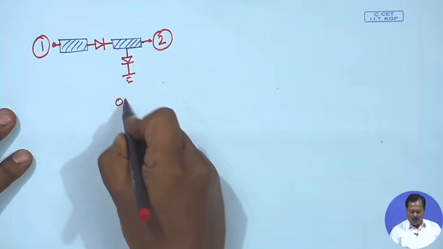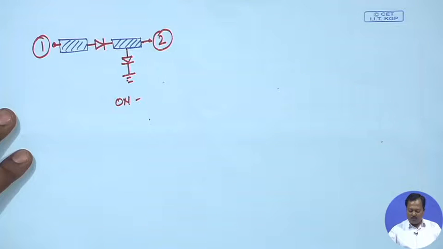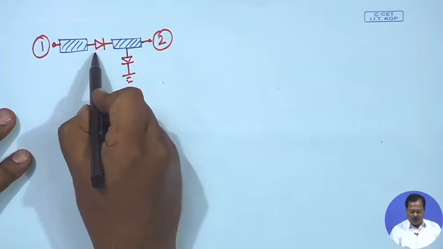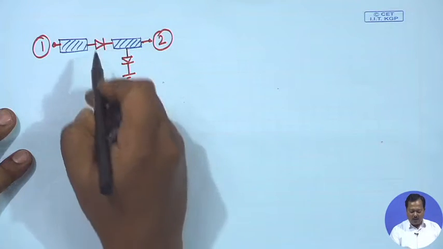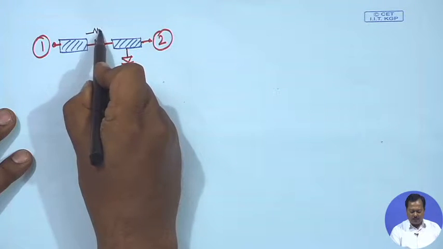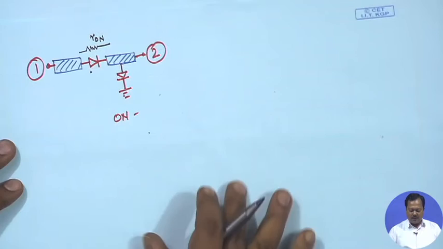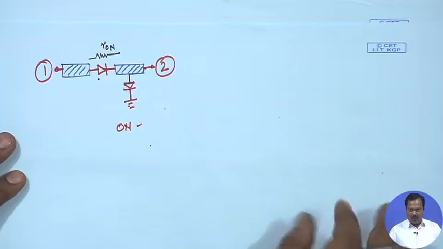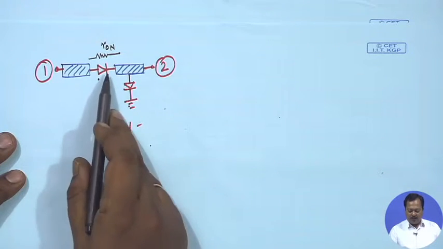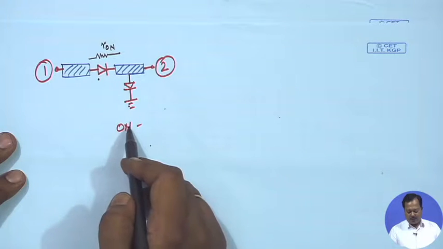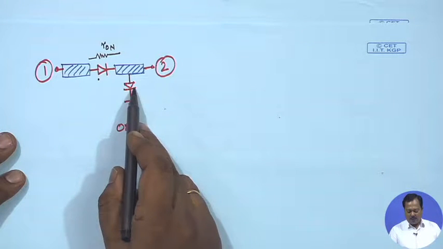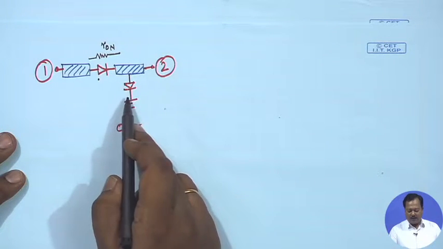So, in on condition, this diode should be replaced by a resistor R on, a small resistance value. So, this diode should be in forward biased condition, and the other diode should provide good isolation.